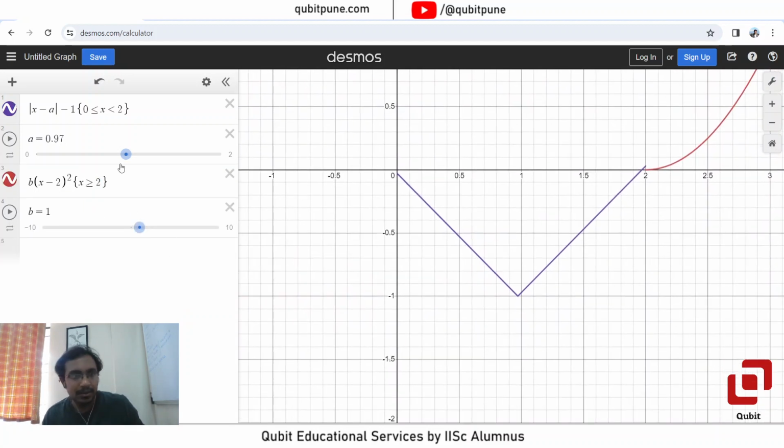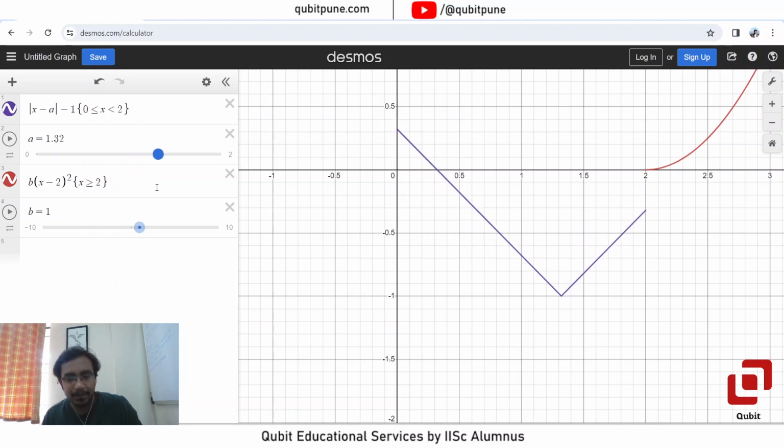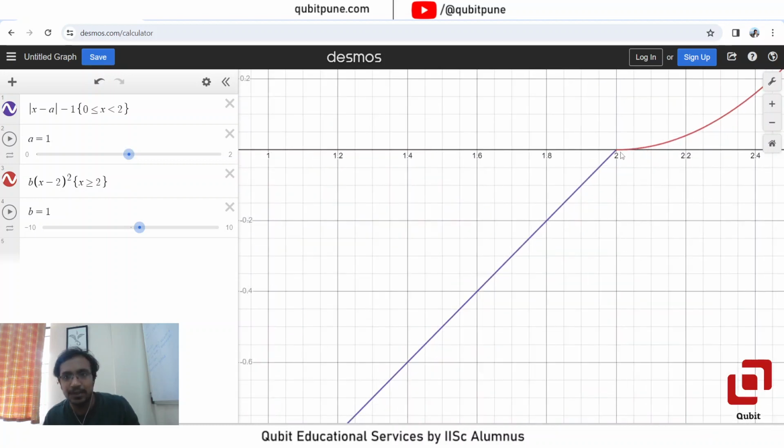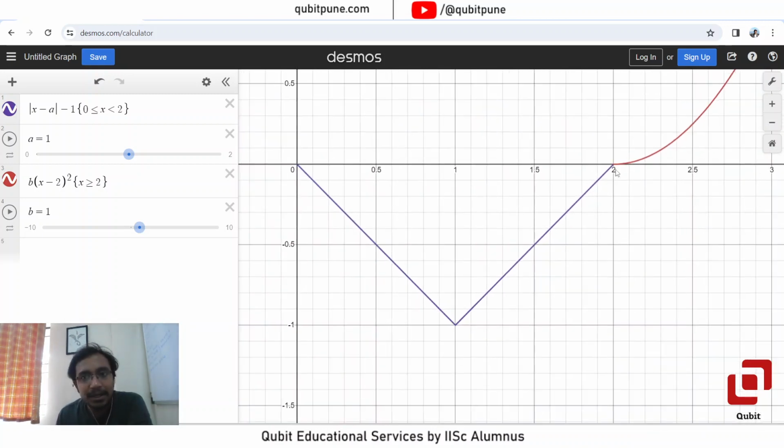Now look, as we change a, the function will be discontinuous, but only when a becomes equal to 1, it joins the bottom of that red curve, which is b into x minus 2 squared.